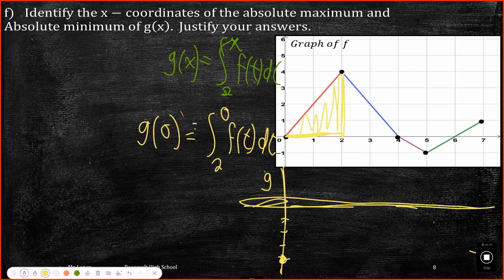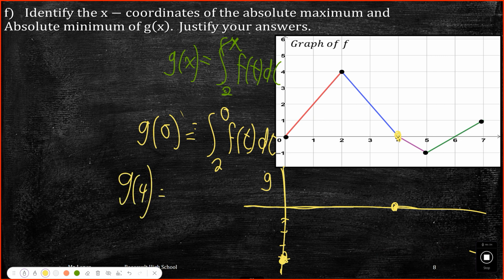Let's do G of 2. Well, we have to test these critical points. What's another critical point we should test? 4. And so at 4, let's do G of 4.